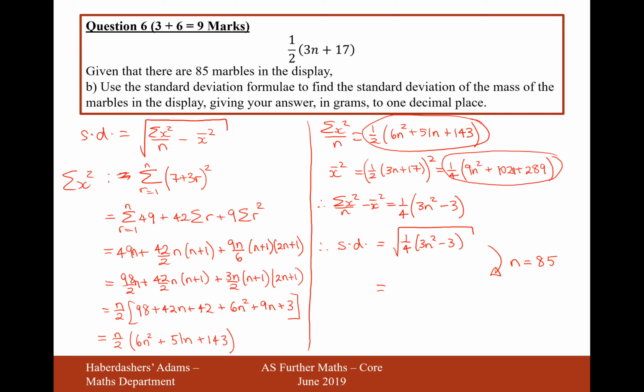That's going to be 73.6 to one decimal place. So we've substituted in n equals 85 and got 73.6. And there we are, that's the answer for question 6 there, 9 marks in total for that one.